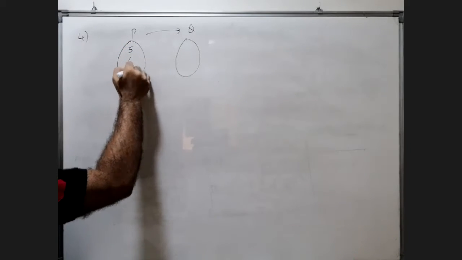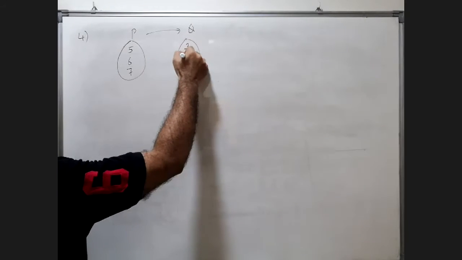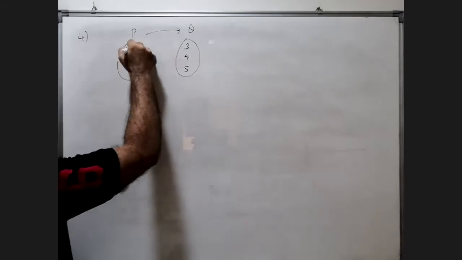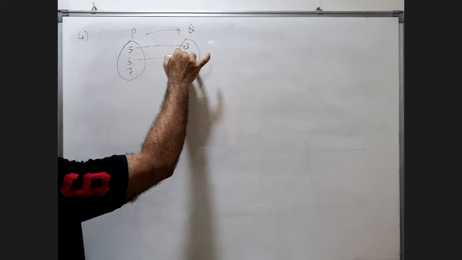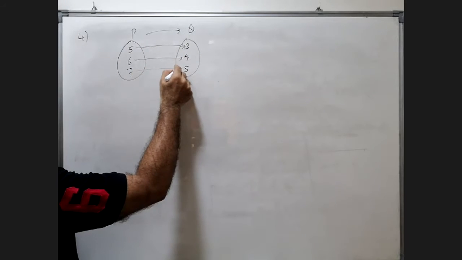The elements in Q are 3, 4, 5. Now the relation: the image of 5 is 3, the image of 6 is 4, the image of 7 is 5. This is given.